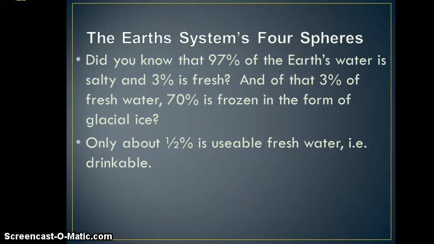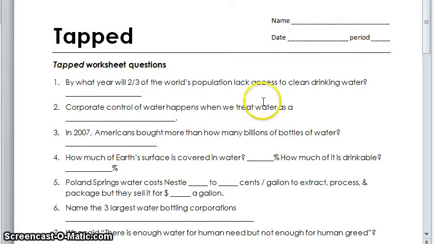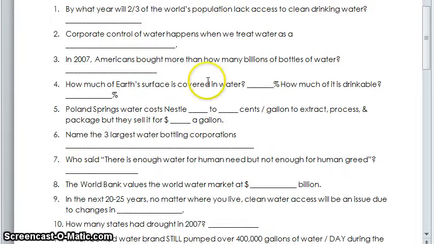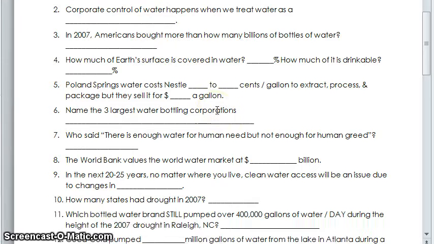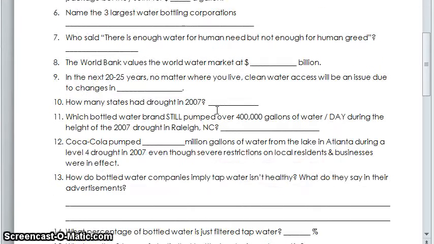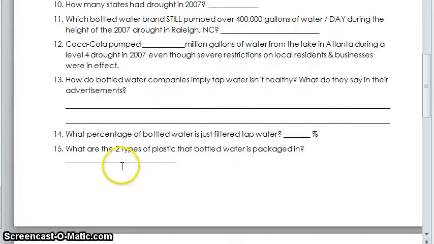We also watched the video Tapped. With the video Tapped, we had the worksheet that went along with it. We talked about the problems with drinking water and bottled water and what bottled water companies actually do. We had some of the questions on here and how some of the plastics that they use are not very healthy for us.